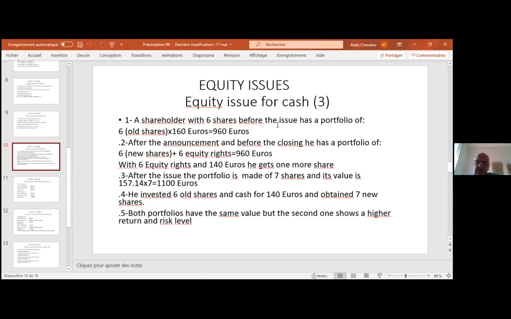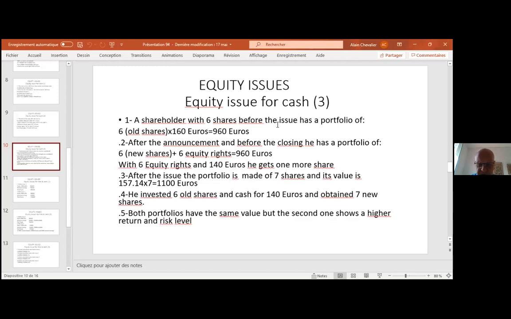The 140 he will bring into the process. So the total amount of 1,100 euros is made of a large percentage of shares and a small percentage of cash: shares for 960 and cash for 140.